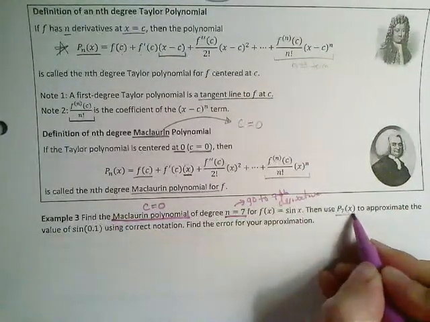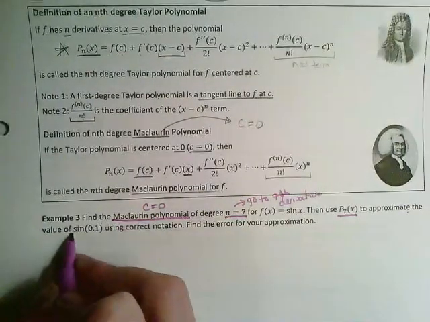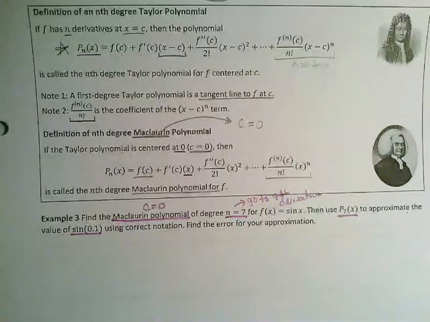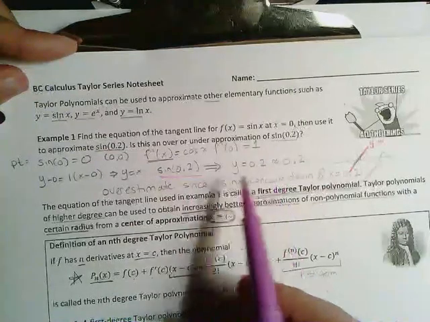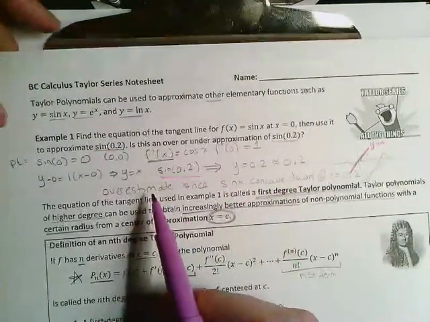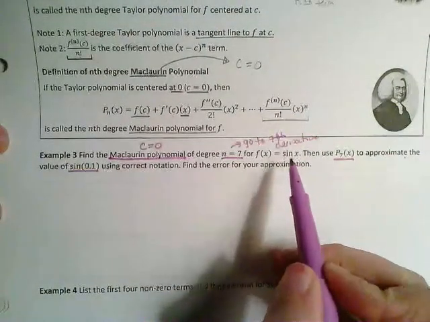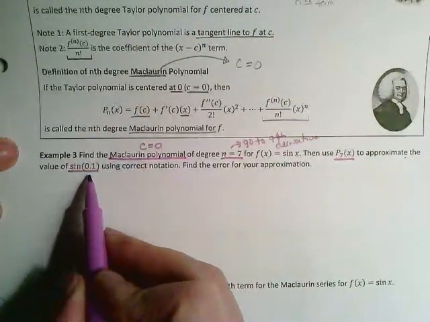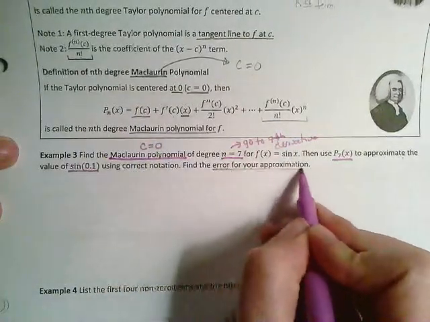Then we're going to use that approximation to approximate the value of sine of 0.1. Earlier we used the first degree polynomial and approximated, but it was an overestimate. Here we're going to keep going to the 7th degree and then approximate sine of 0.1 using correct notation, and then we want to find the error for our approximation.